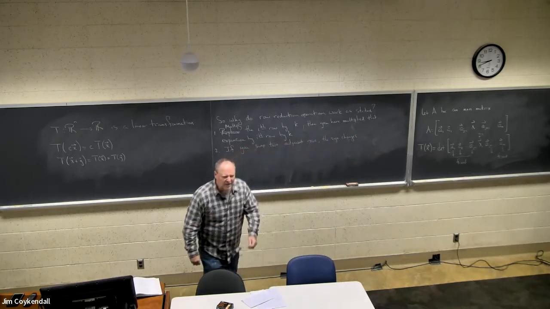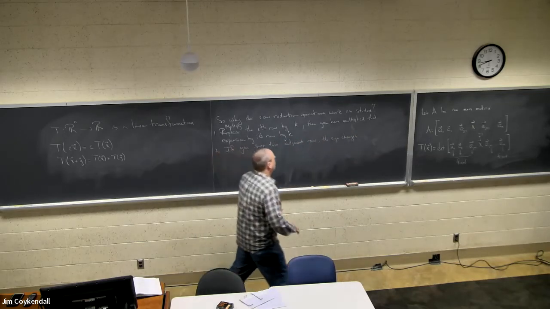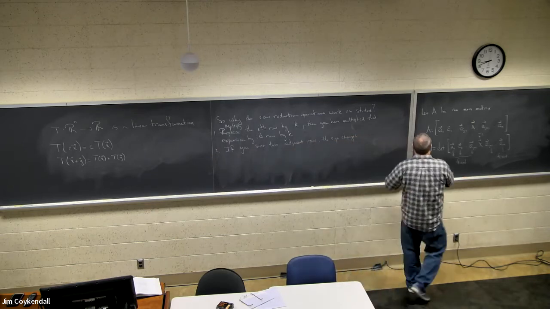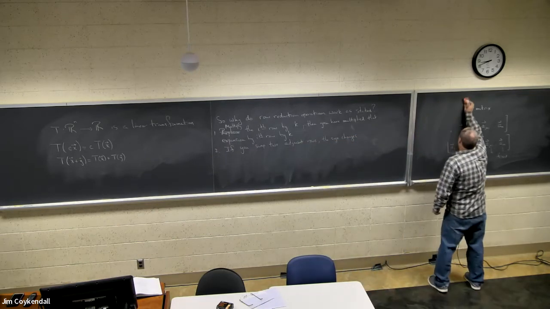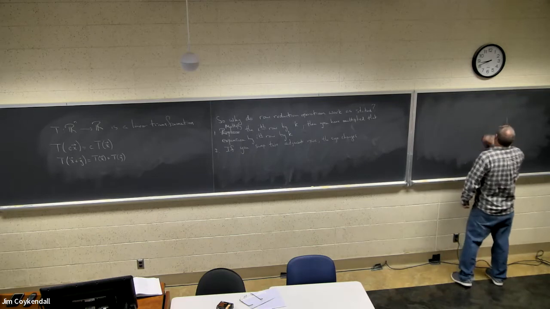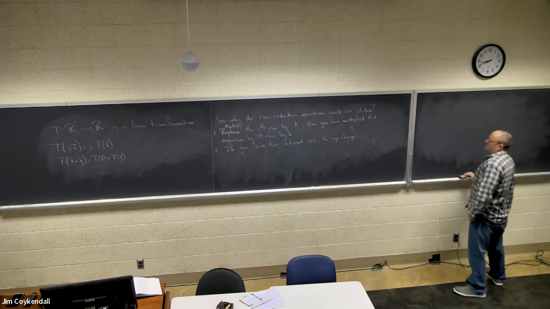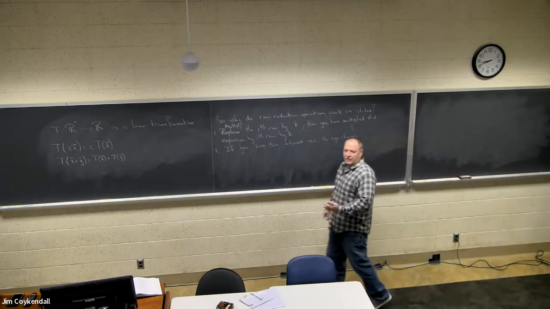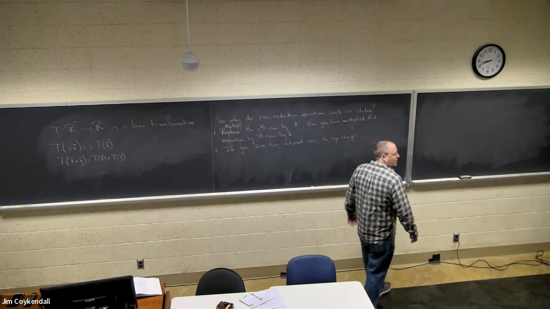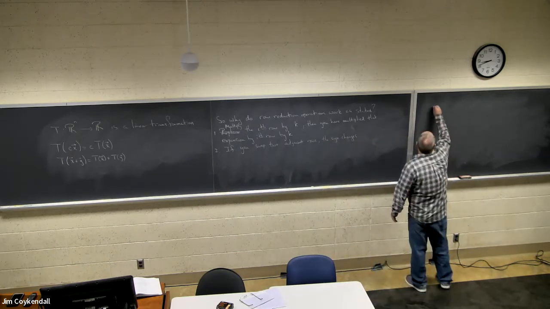Now, notice I said adjacent here, and not any two of the rows, but I'm going to explain the general case. If you swap two adjacent rows, then the sign changes. Let me give you an example here.